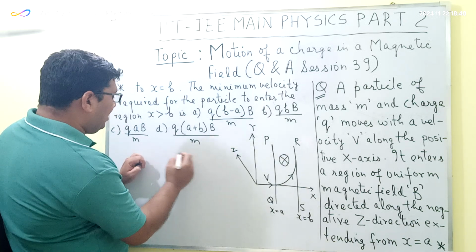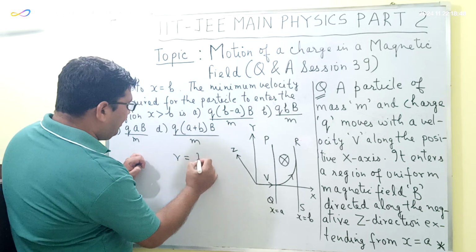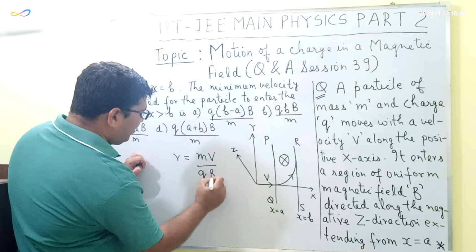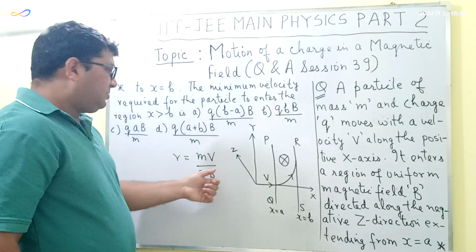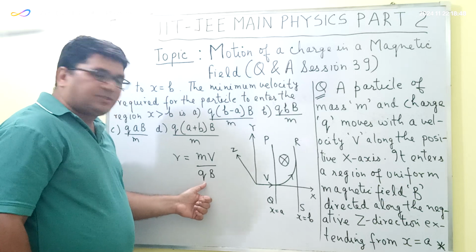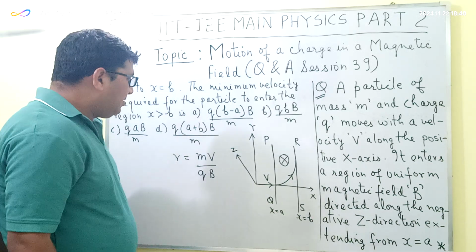The radius of the circular path will be equal to mv divided by qB, where v is the velocity of the charged particle, m is the mass of it, q is the charge on that particle, and B is the intensity of the magnetic field.